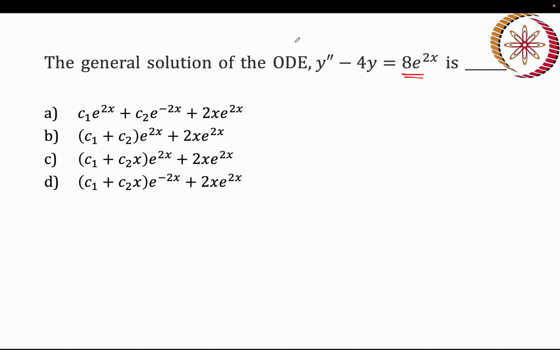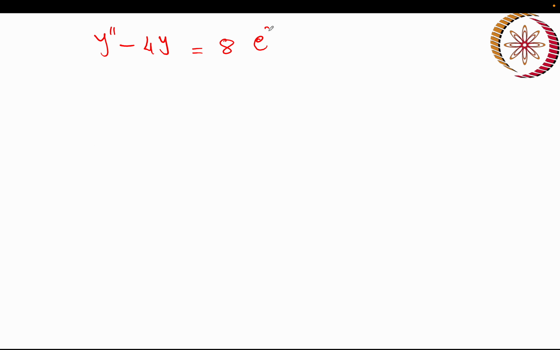So what we have is y double prime minus 4y is equal to 8 e raised to 2x.